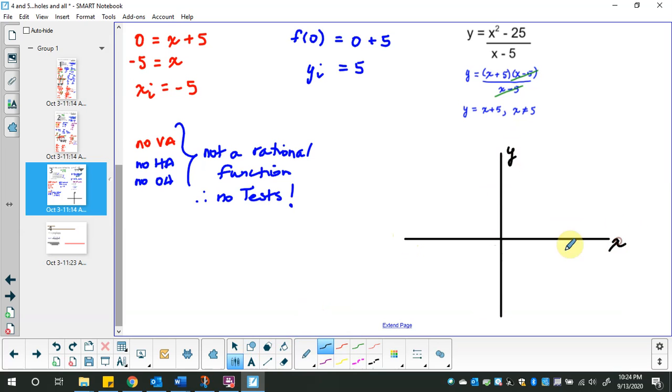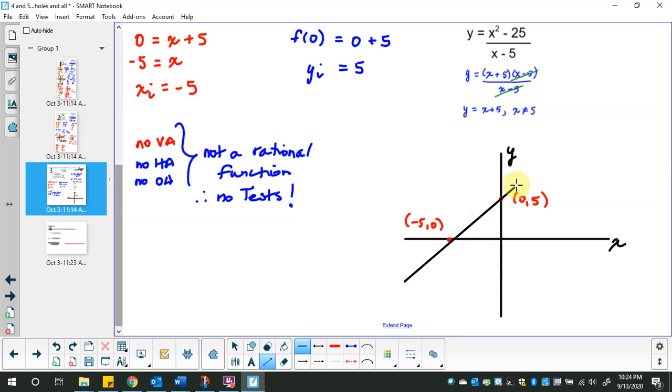So I think everything's visible. X-intercept, negative 5. Y-intercept, positive 5. You should recognize y equals x plus 5 as y equals mx plus b.